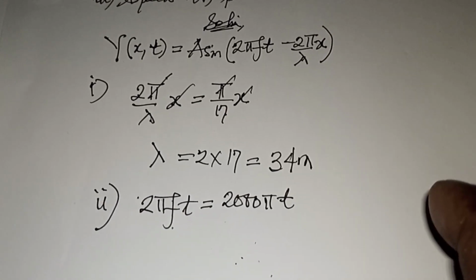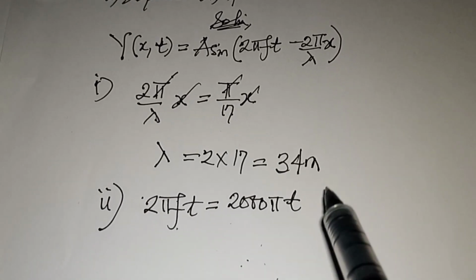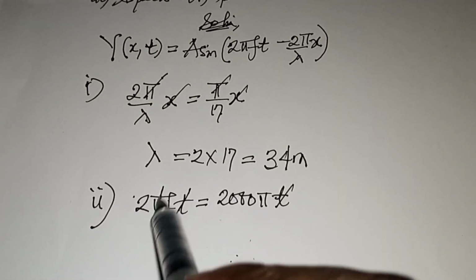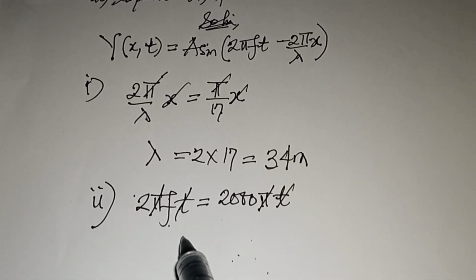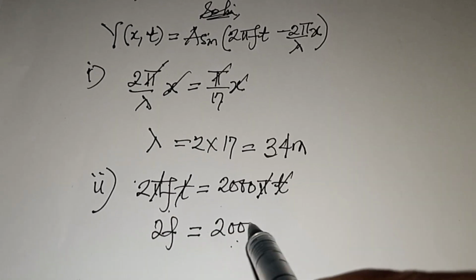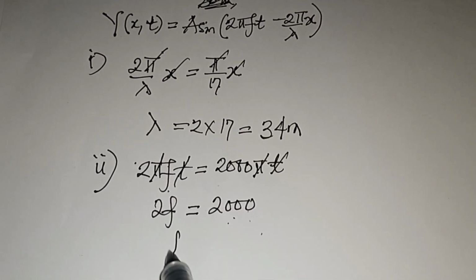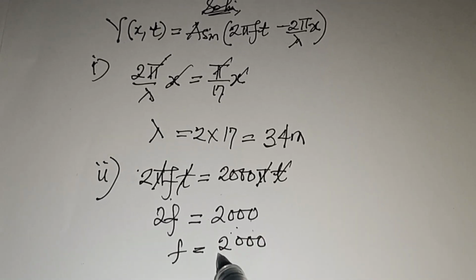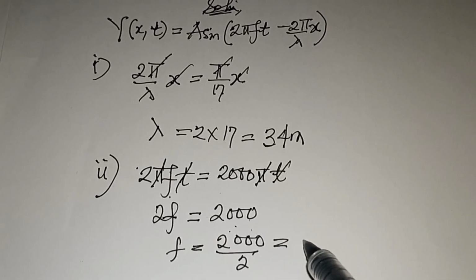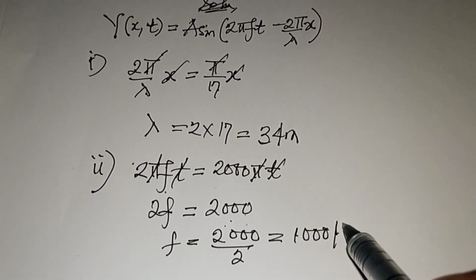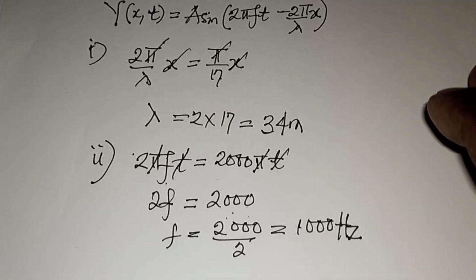Because we've equated these two parameters, we cancel out what is common. Pi is also common on both sides, and t too. So what is left is 2f equal to 2000. We're looking for the frequency, so frequency will equal 2000 divided by 2, and the result here will be 1000. And what is the unit for frequency? It's hertz.